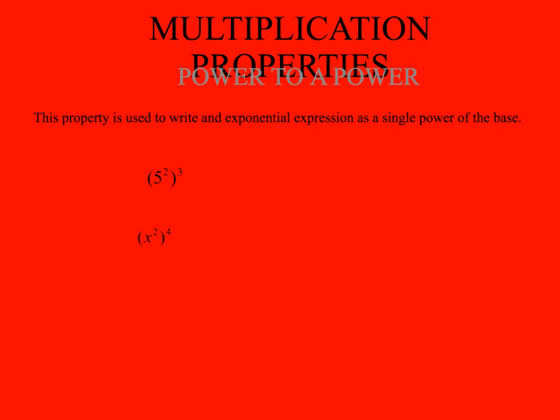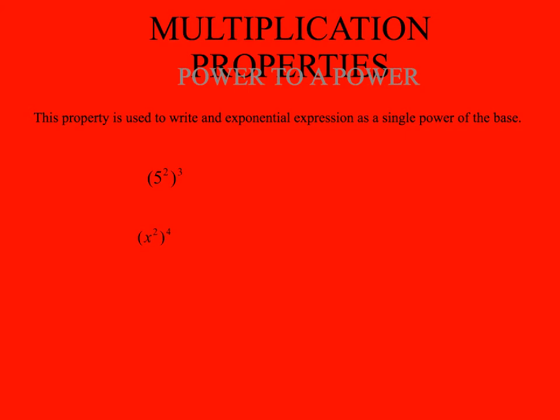All right, the next thing we're going to work on is raising a power to a power. This is a very important property, and I want you to make sure that you write all of these problems out. Take out paper if you haven't done this. Now, in this first example, we have 2 exponents, one inside the parenthesis, one outside.